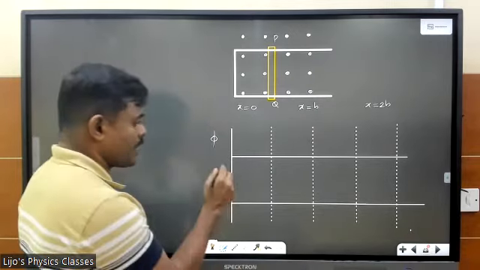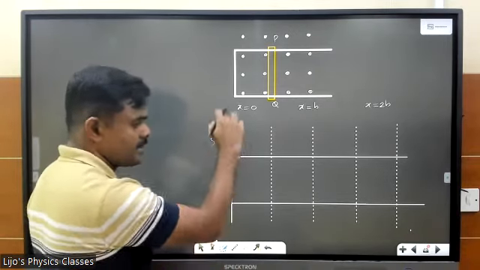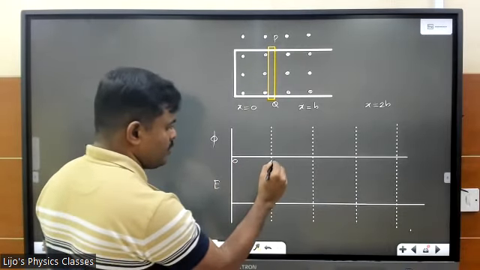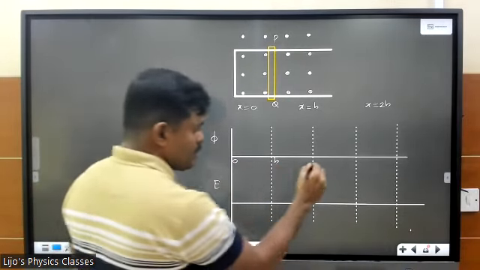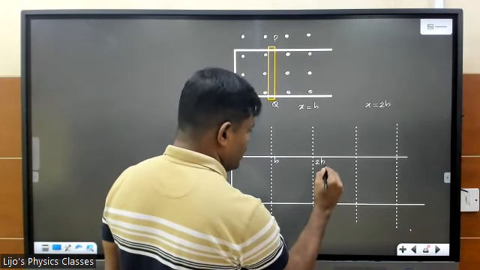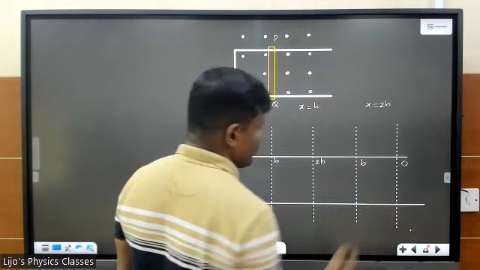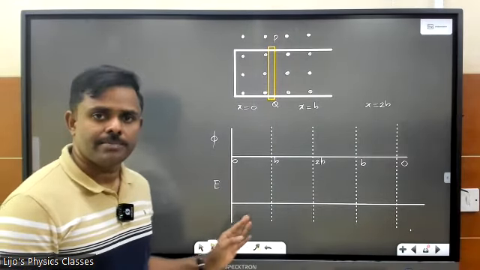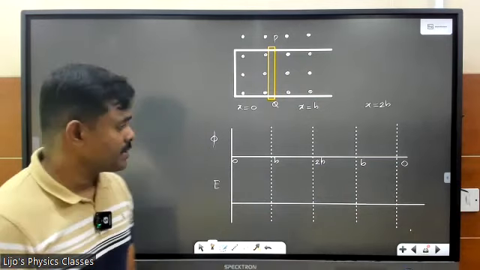Here flux is on the y-axis and position on the x-axis, with marks at 0, b, 2b, b again, and 0. Similarly EMF is on the y-axis and position on the x-axis.